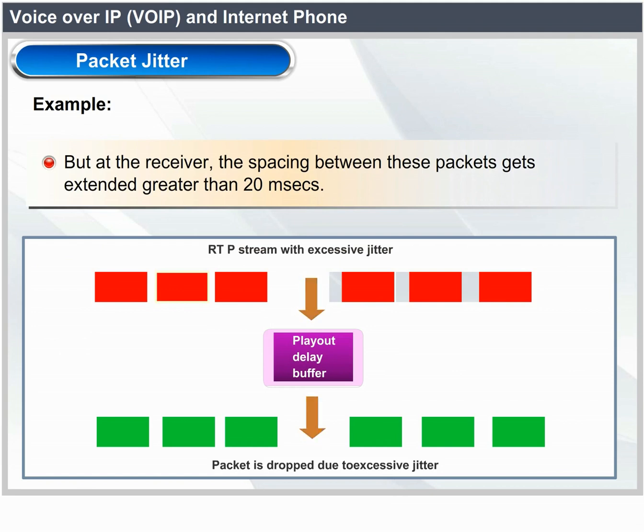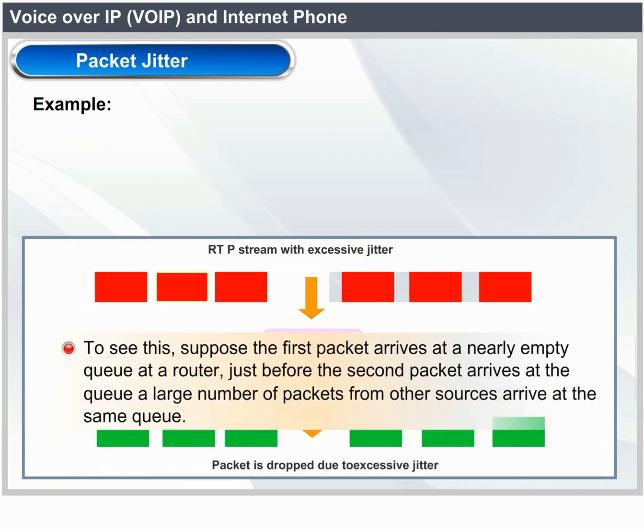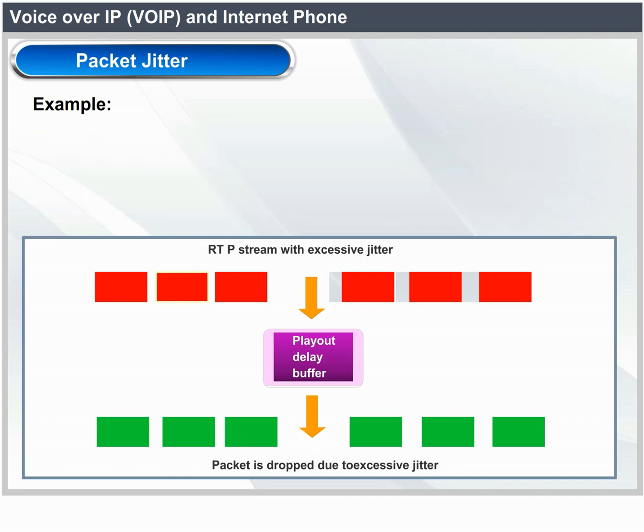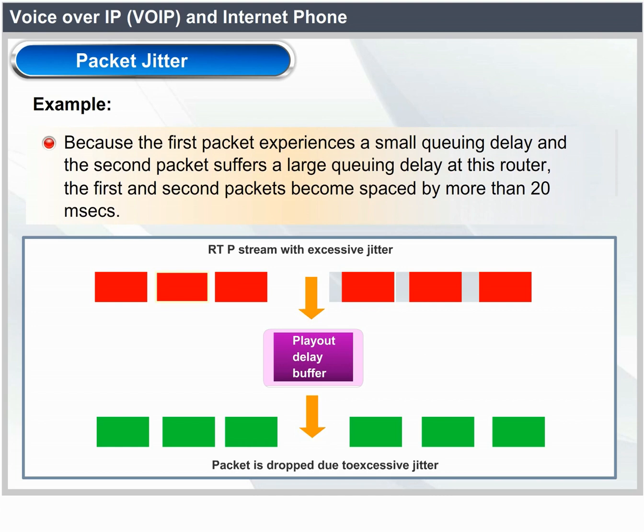To see this, suppose the first packet arrives at a nearly empty queue at a router, but just before the second packet arrives at the queue, a larger number of packets from other sources arrive at the same queue. Because the first packet experiences a small queuing delay and the second packet suffers a large queuing delay at this router, the first and second packets become spaced by more than 20 milliseconds.